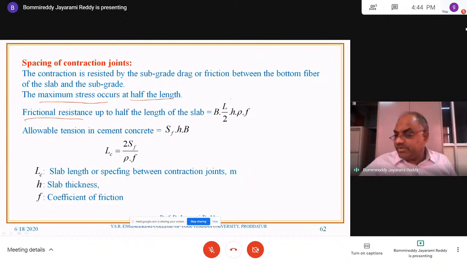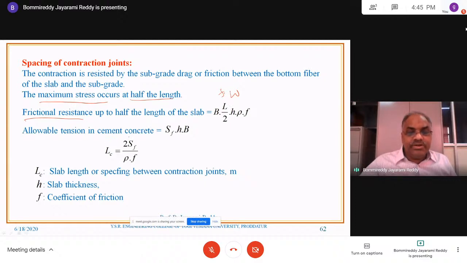Frictional resistance is nothing but F multiplied by W. So F multiplied by W means, already you have seen, B into L by 2 into H into rho into F. You know, this is the weight, weight multiplied by frictional coefficient.